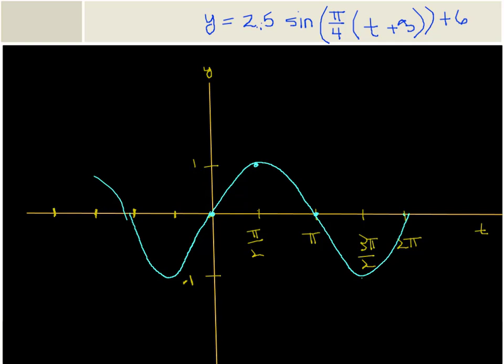Now, the next thing I want to do is I want to change my period. This is pretty complicated. The next thing I'm going to do is I'm going to change my period. Okay? So my new period is what? So my old period is 2 pi. And what's my new period? What do I do to find my new period?